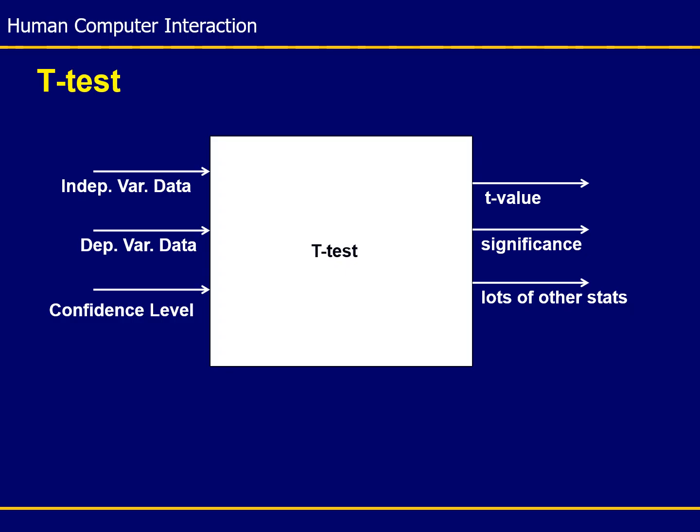So if you get p equal to 0.03 as output from the t-test, that means 3%, the probability of the null hypothesis being true is 3%. Since we have accepted the confidence level to be 5%, and 3% is less than 5%, we reject the null hypothesis and put forward our hypothesis. So the most important thing you look at in the t-test output is the significance value, usually reported as p or sig.